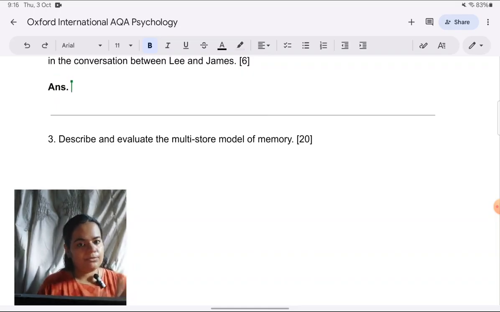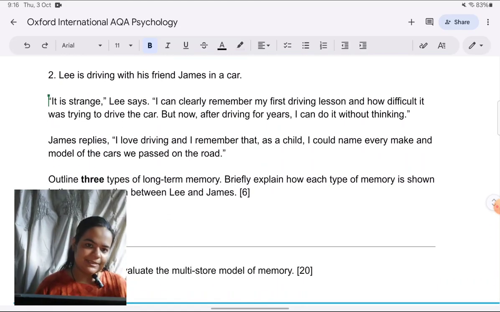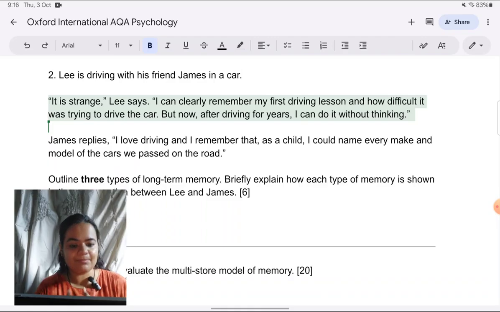Okay, now we have learned about 3 types of long-term memory: episodic, semantic, and procedural. Let's see in this scenario which ones we can see. I'll just put up the scenario again on the screen so that you can see my thought process when I'm answering. Lee says that he can clearly remember his first driving lesson. He can remember the lesson, means what must have happened in that lesson, he can remember that. And it was difficult for him to drive the car.